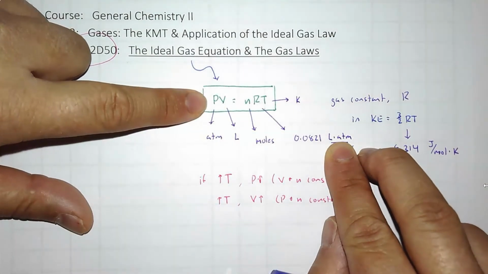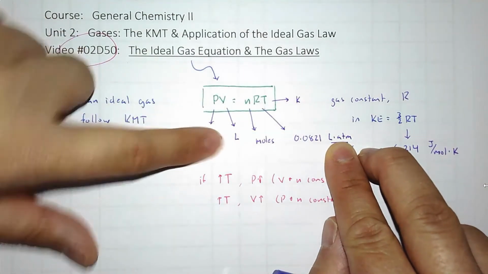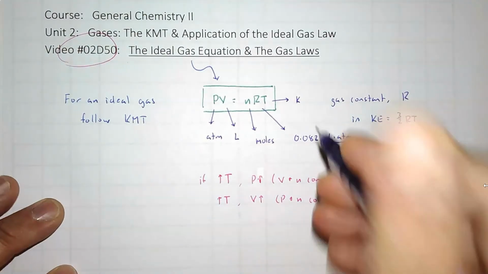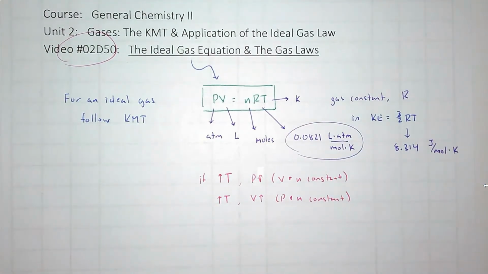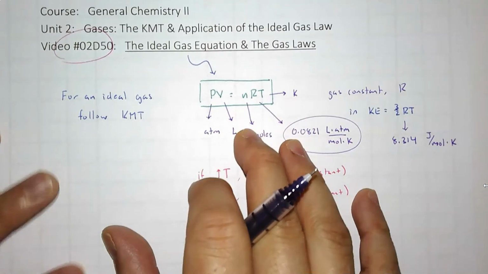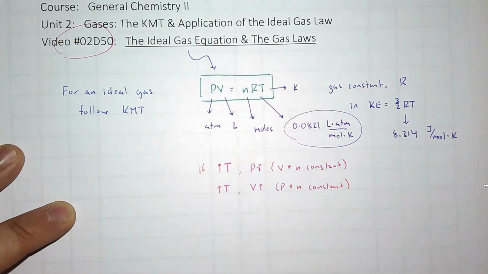Well, that's what we have on the left side, atmospheres and liters. So this is the R constant you are going to be using when you're working with gas. Now, that's it for the ideal gas equation. That is the ending. That is the climax.